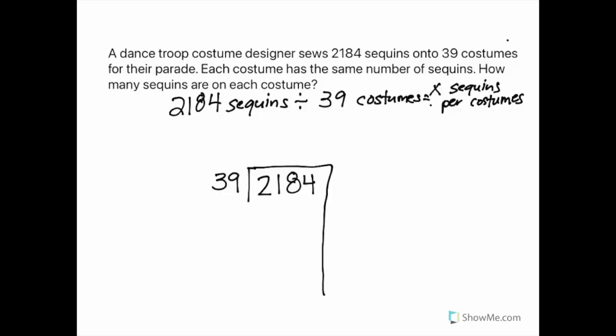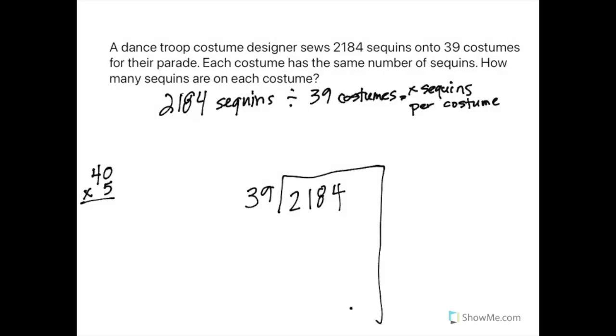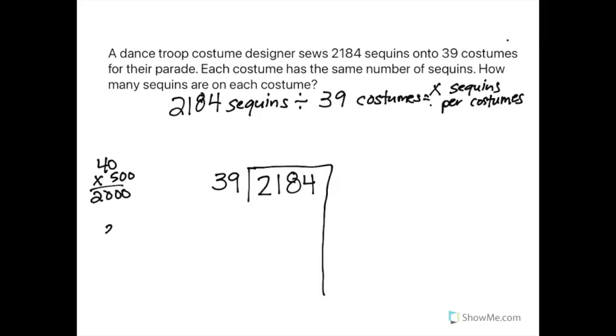And I'm going to use my estimation skills. 39 is close to 40. And if I do 40 times 5, I know that 40 times 5 is 200. And so 40 times 50 would be 2,000. So I'm going to try that.